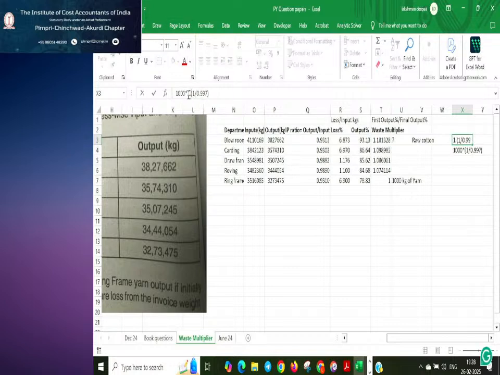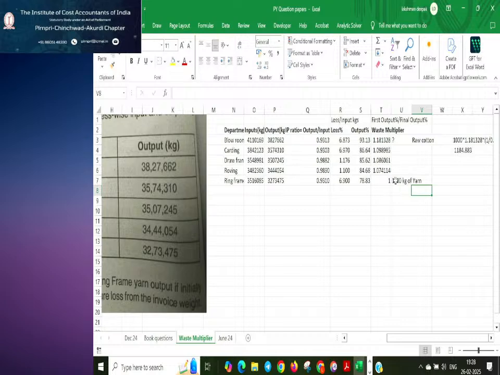So it is 1.81328 into 1000, so around 1184 kgs of raw cotton will result in 1000 kgs of yarn.